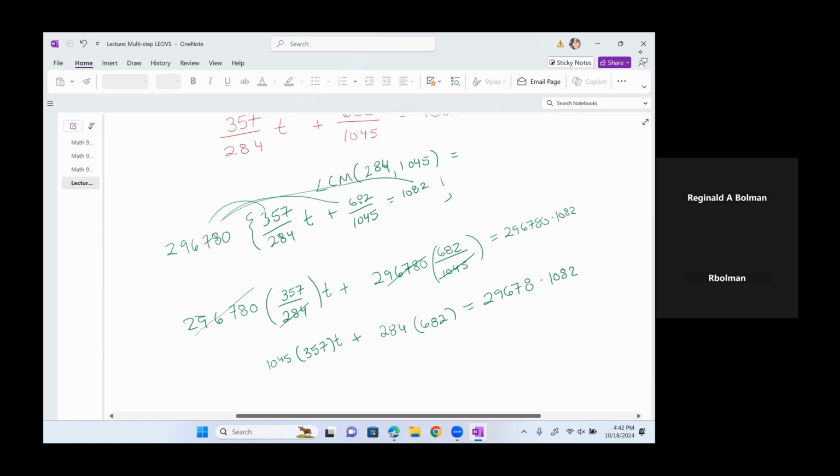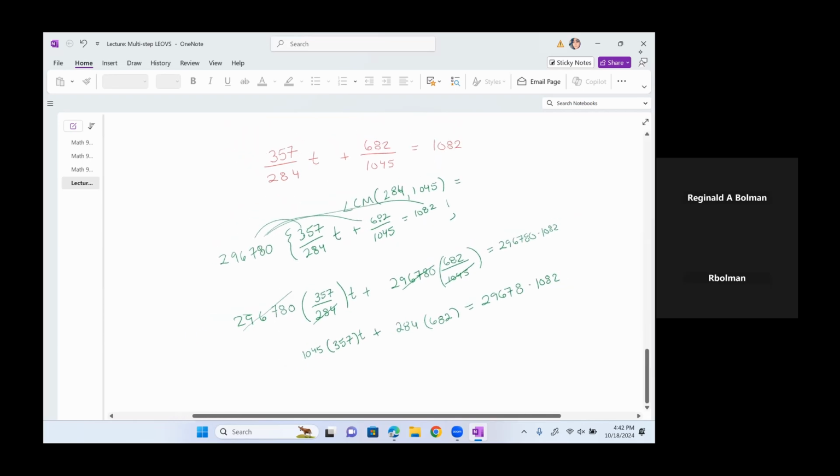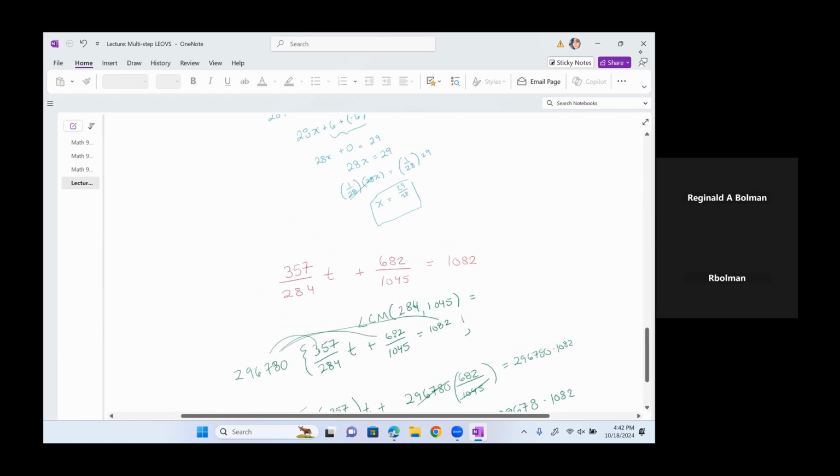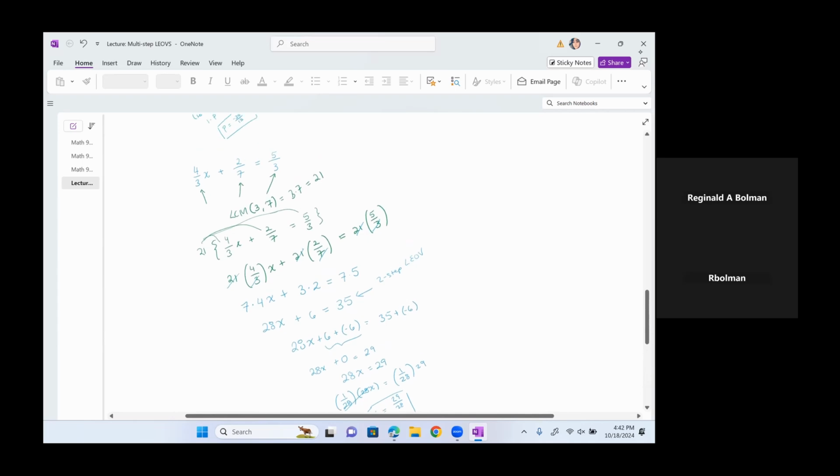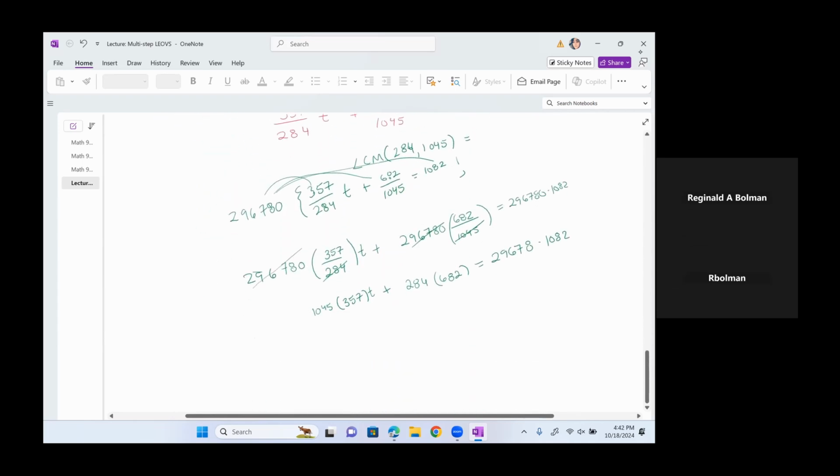So I hope that everyone can see the utility of being able to find the LCM of two or more fractions if you are presented with one of these multi-step linear equations of one variable, and then multiply by whatever that LCM happens to be. In this instance, it appears that the LCM of 284 and 1045 was 284 times 1045, or 296,780.